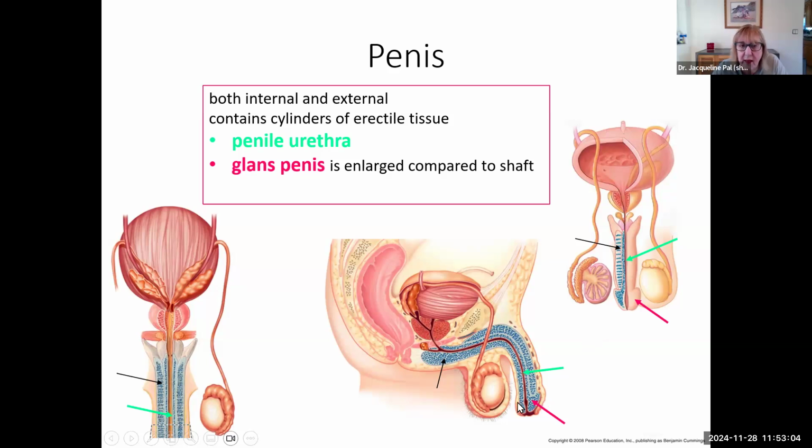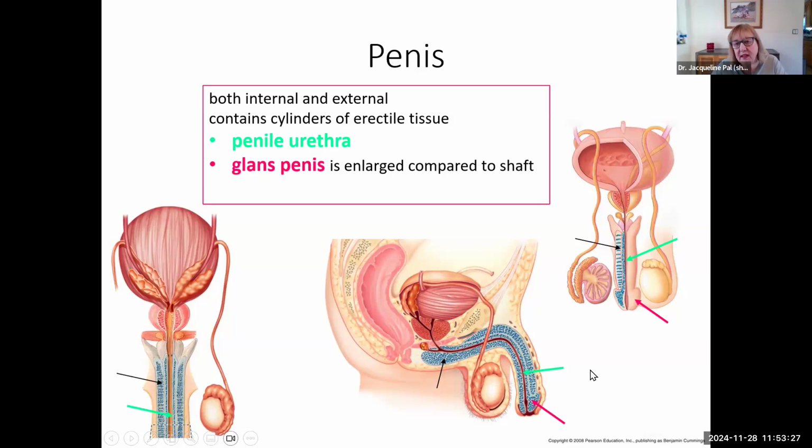And if you look at these 2 pictures, notice that it is completely made out of this spongy erectile tissue. Okay, and notice it's not gland as it's secreting stuff, it's glans, no D in that word.